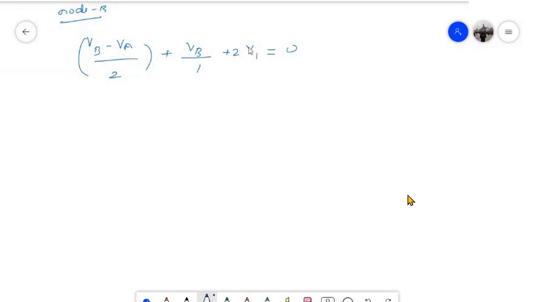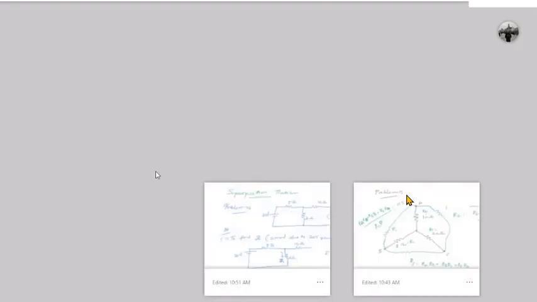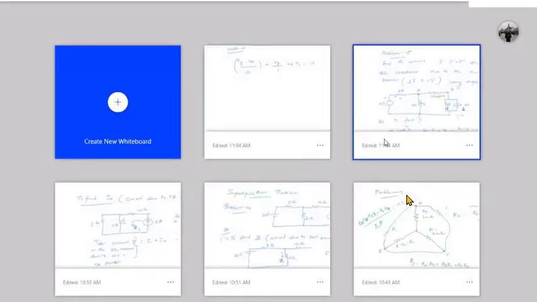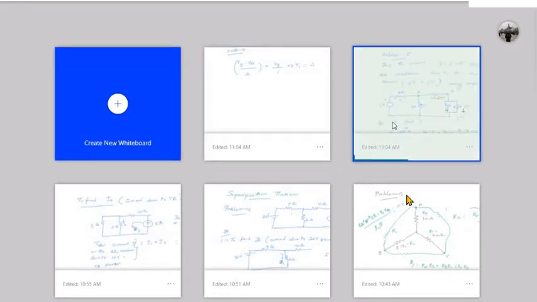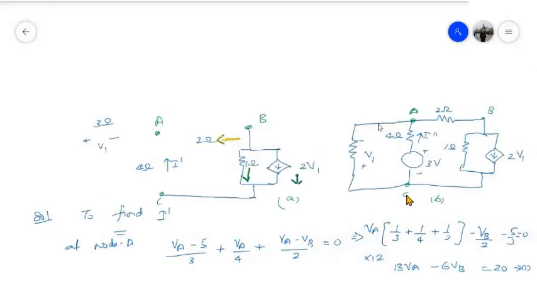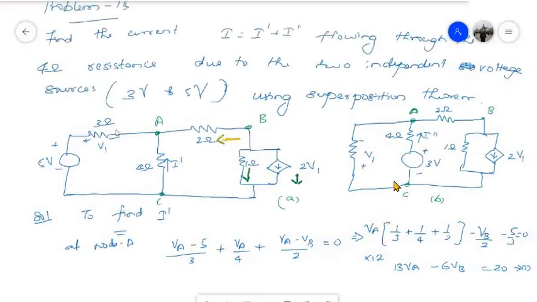And now we can try to find this V1 in terms of VA, if you take a closer look at the circuit. How can you relate this VA with V1?